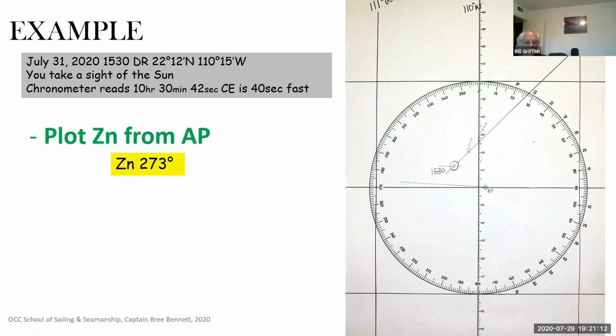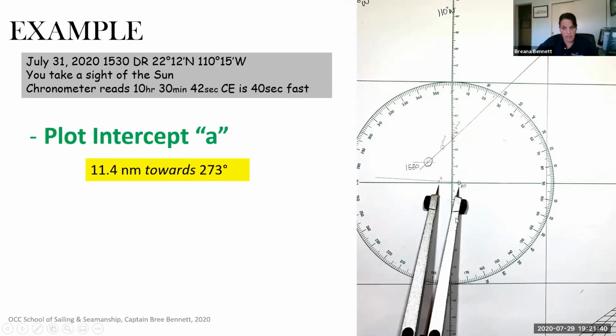I've tried to make the picture lighter. Then our next step is to plot our ZN. So here, you can see I just made it 273, was my azimuth, and it was towards. So from my assumed position, I'm going to draw in my azimuth, which is going towards 273. Then I'm going to put a little dot where my intercept is, or little a.